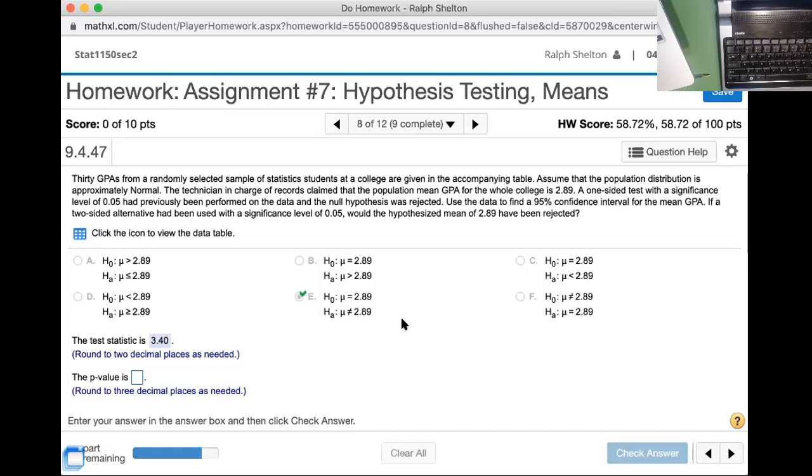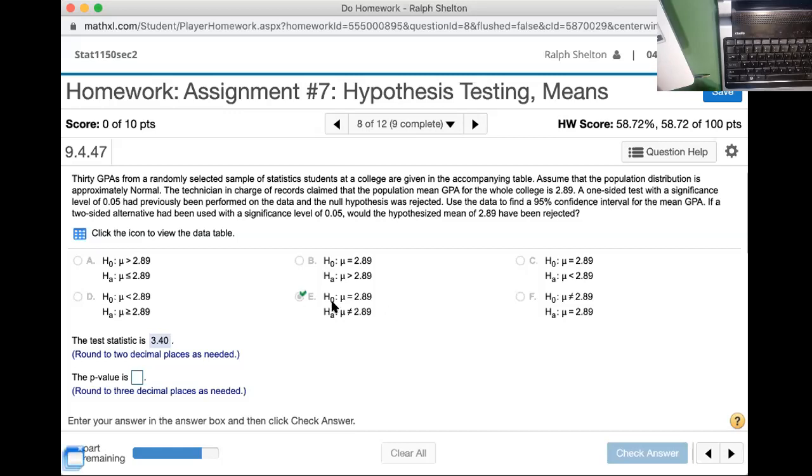Now you also need to know, are you doing a two-tail test or one-tail, right? Because that p-value is different depending on if you're talking about two tails or one tail, because the two tails share the extreme probability, while one tail contains the whole extreme probability in it. So anyway, let's go get the p-value.